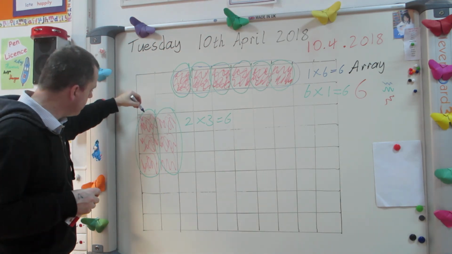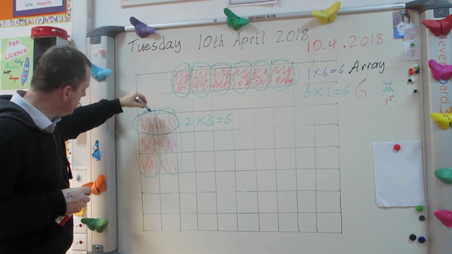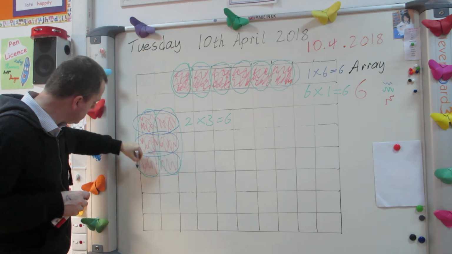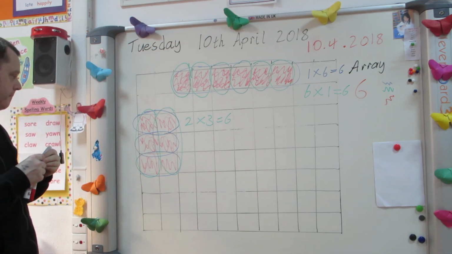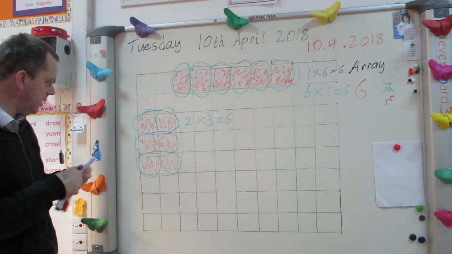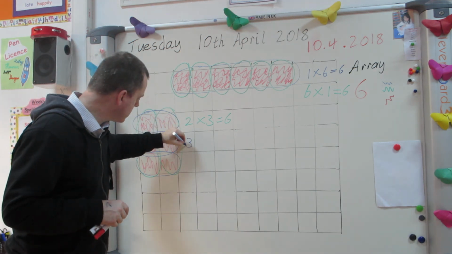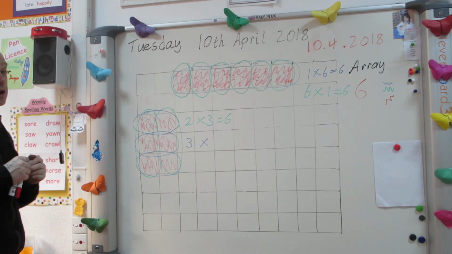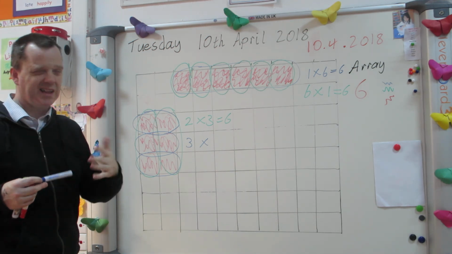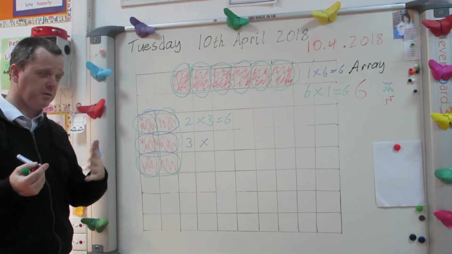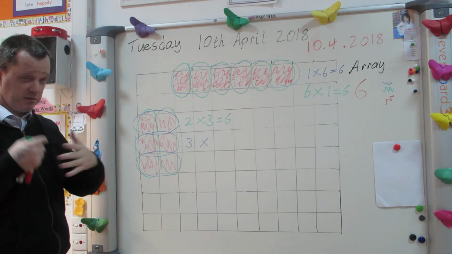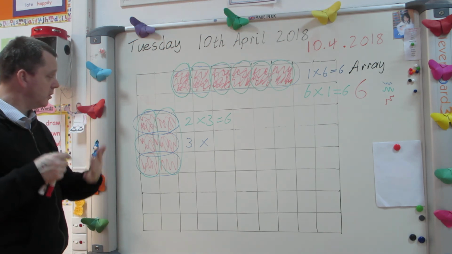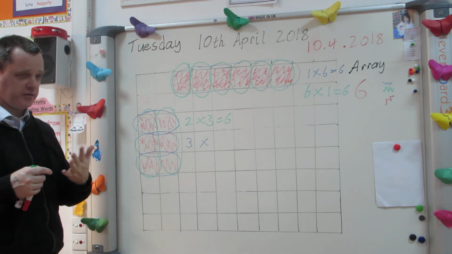This time, 1, 2, 3. So it's 3 groups of, or times, how many are in each group? Again, group isn't quite the correct word, but we're trying to use the same vocabulary to make it more consistent and understandable.